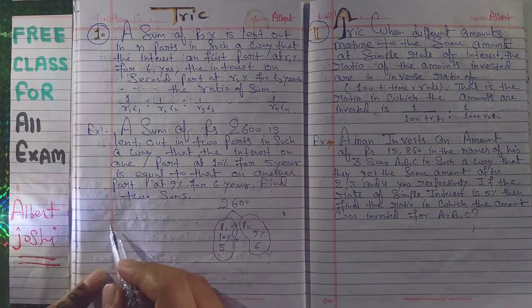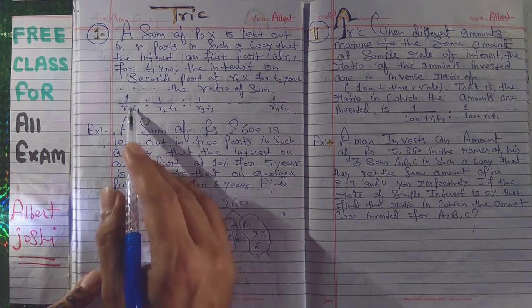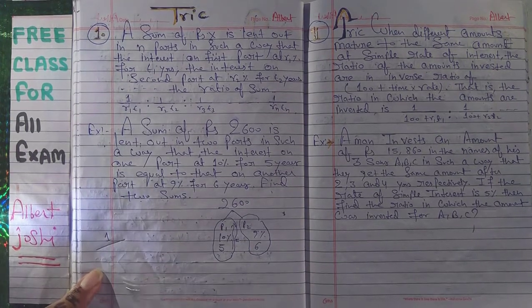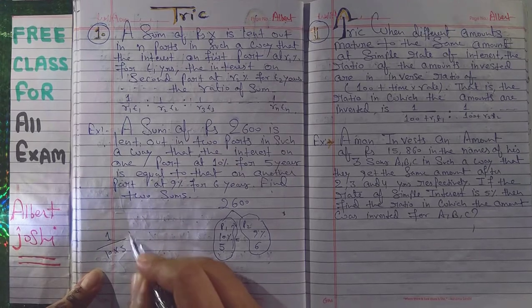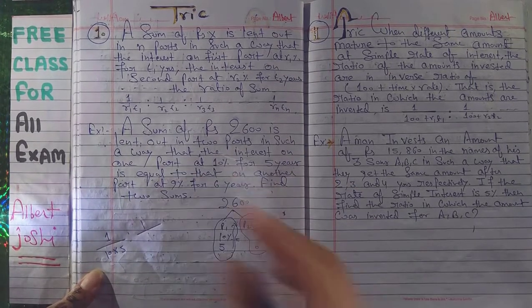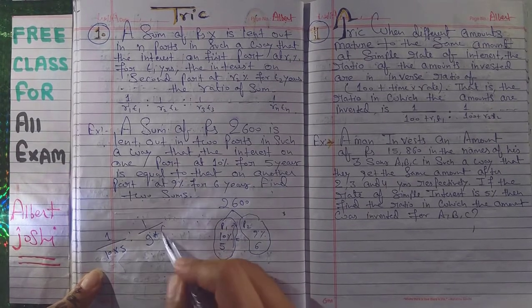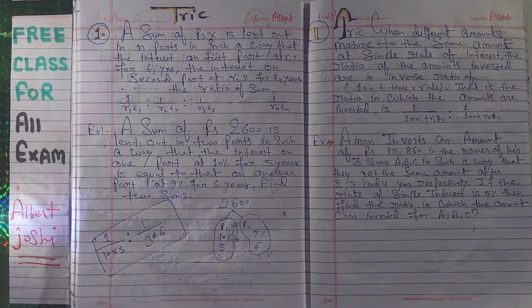So in this condition, for your two sums, you have to put only the data here. 1 upon what is R1? R1 is 10 and what is T1? T1 is 5. Ratio 1 upon R2. What is R2? R2 is 9 and your T2 is 6. Okay, this is your answer. Only you have to put the data here.